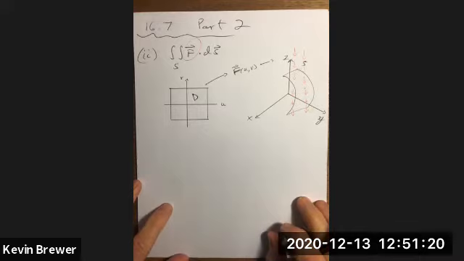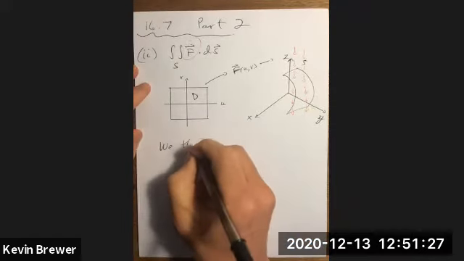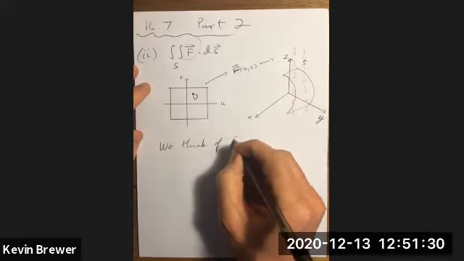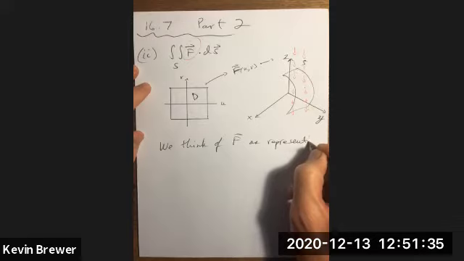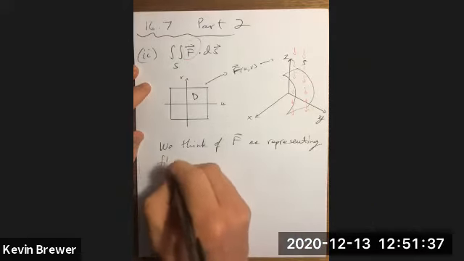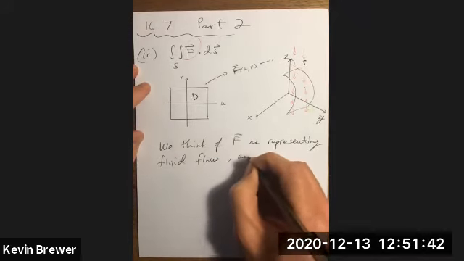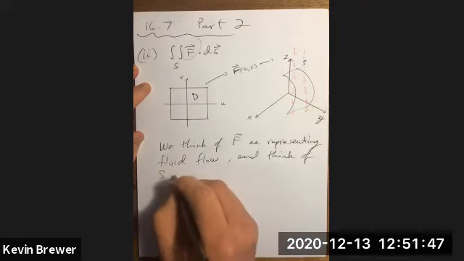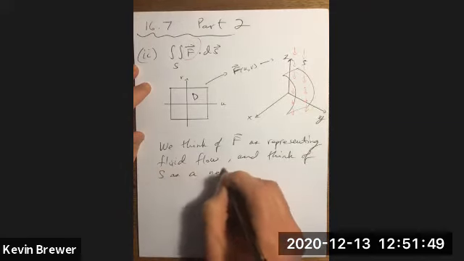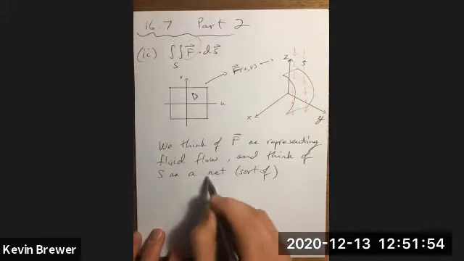Okay, and the idea behind all of this is that we think of F as representing fluid flow, and think of S as a sort of net, if you will.